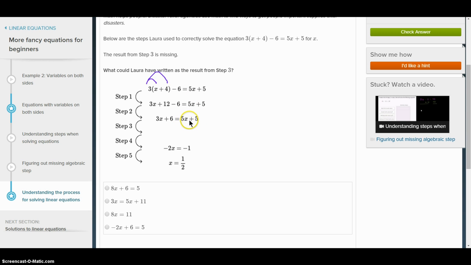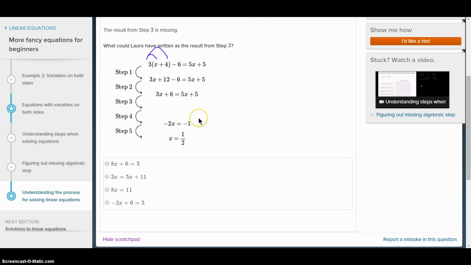And then what we're going to do is put the x's on one side. So we're going to have 5x and 3x on the same side, and then we're going to have 6 and 5 on the same side. Usually I like to keep the variable positive. So what I would do is minus 3x from both sides, and that will give us 2x.